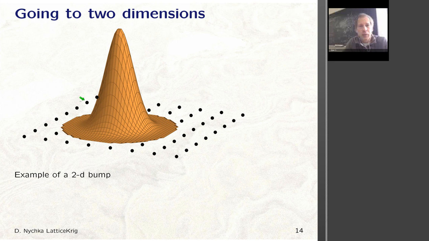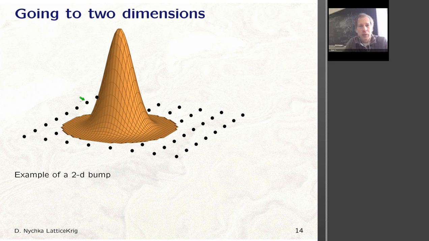The blue crosses here are the first level. The black are the second level of lattice, and the red points are the third level. And so notice that as advertised, these are always decreasing by a factor of 2.